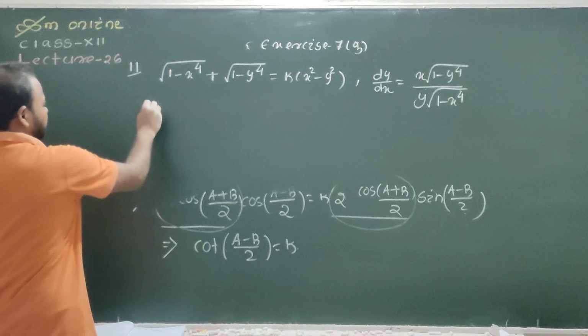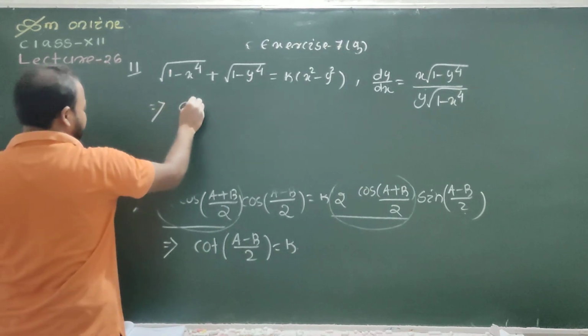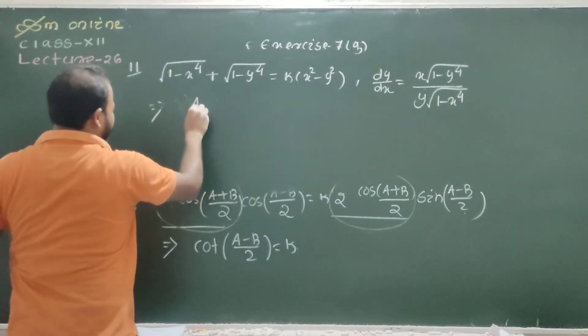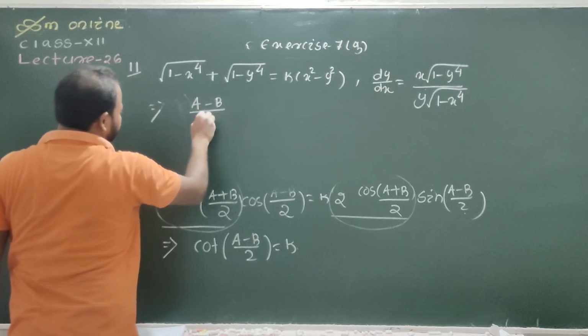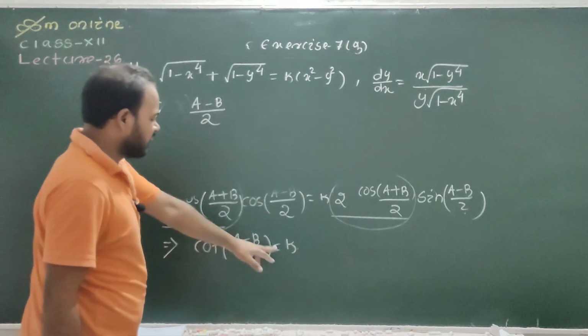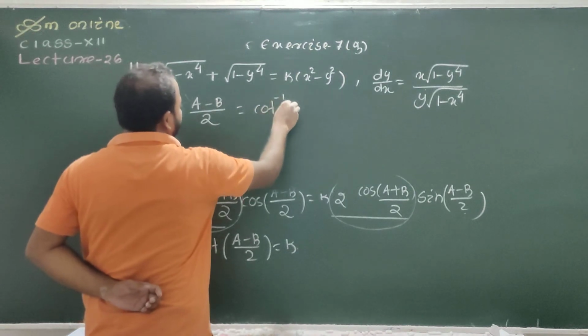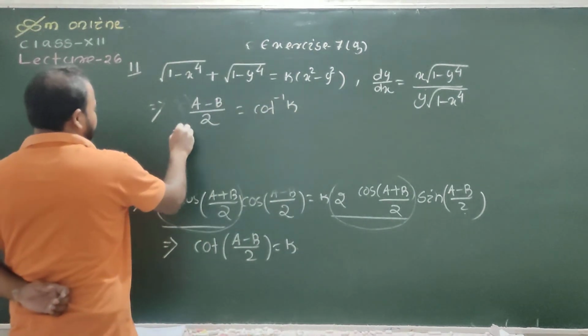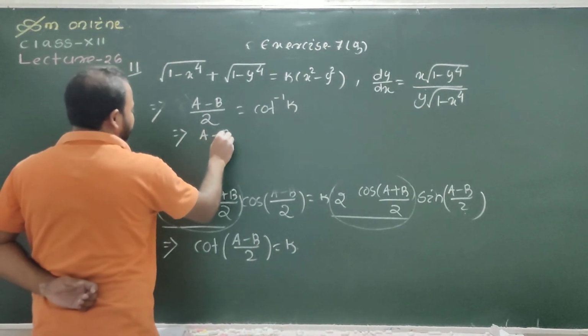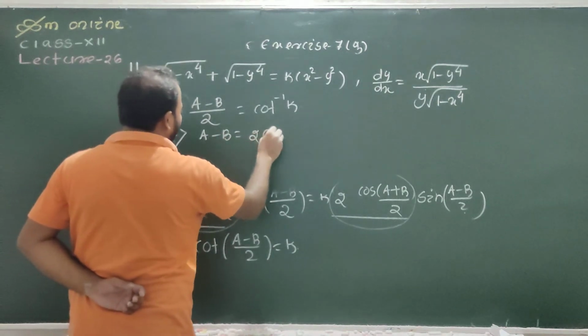This implies that a minus b by 2 equal to cot inverse k, okay. And again, a minus b equal to what? 2 cot inverse k.